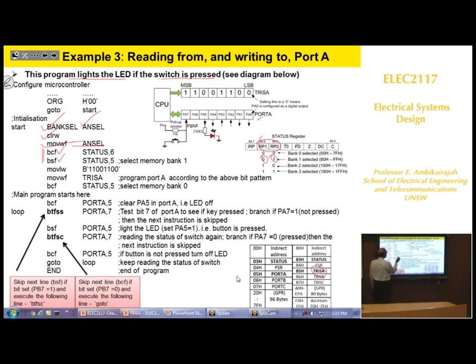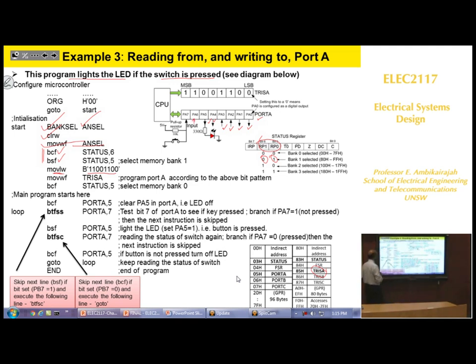Then what you want to do is move a particular value literally in there. That is, we are programming port A. If you look at it, these two are output, these two are input, these two are output, and I assume that's also input.